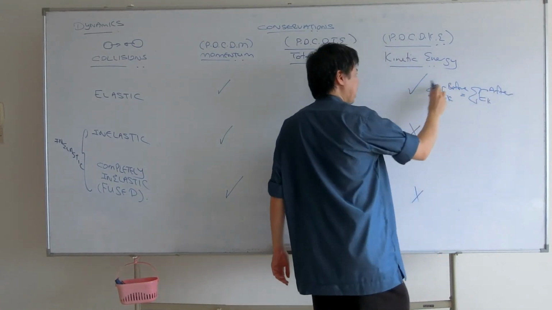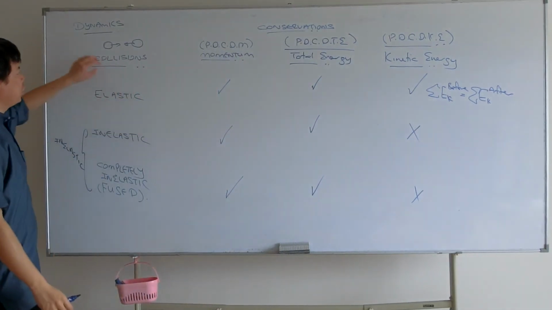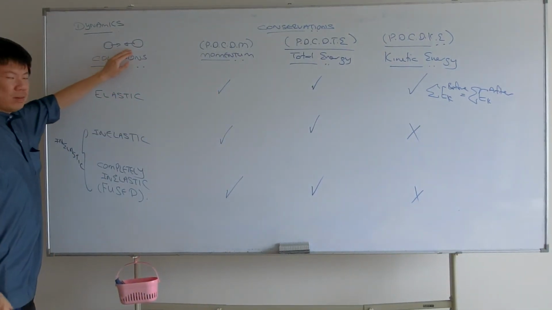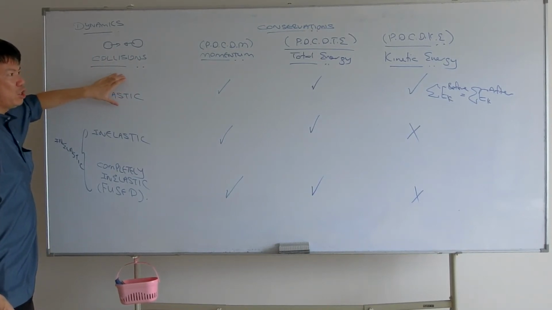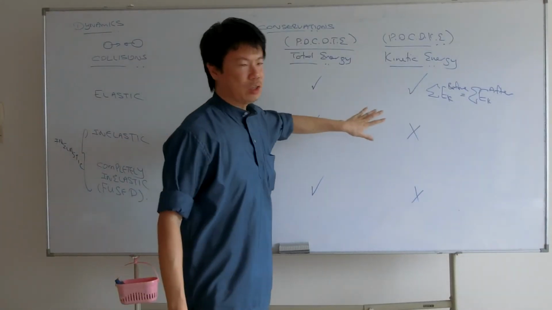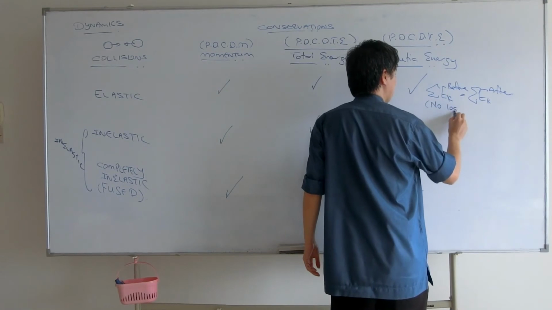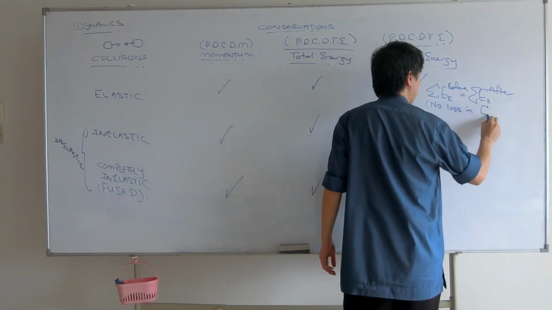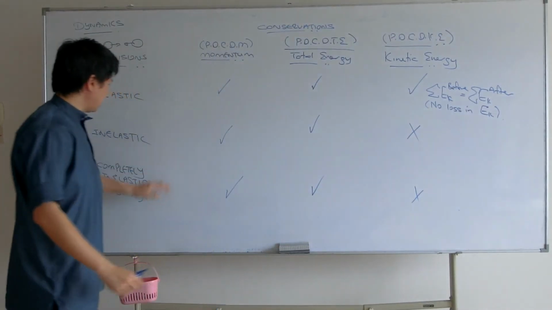All the kinetic energy initially is equal to the kinetic energy finally. There is no loss of kinetic energy. When you look at conservation, you can think of there being no loss. When it comes to inelastic collisions, there is a loss of kinetic energy.